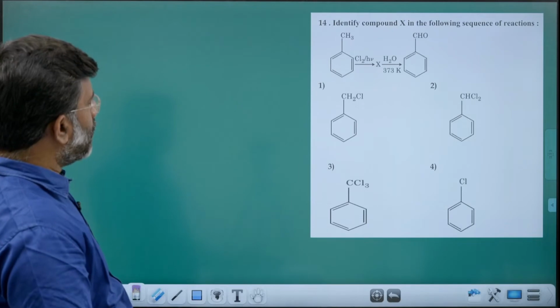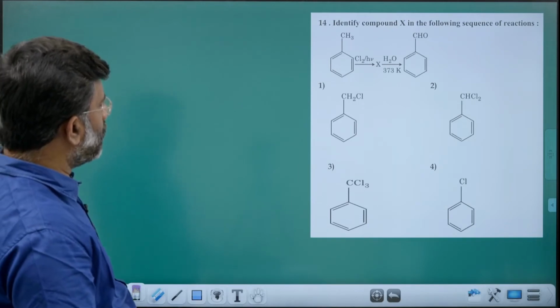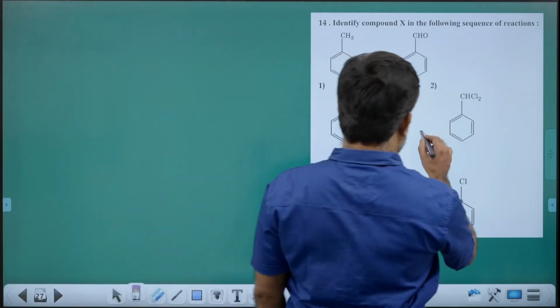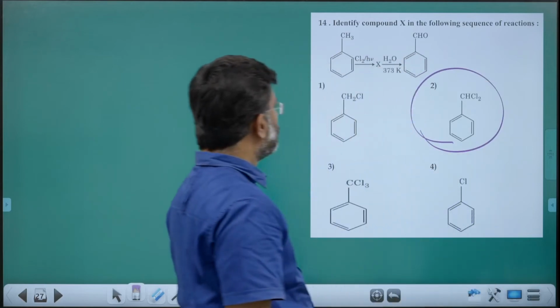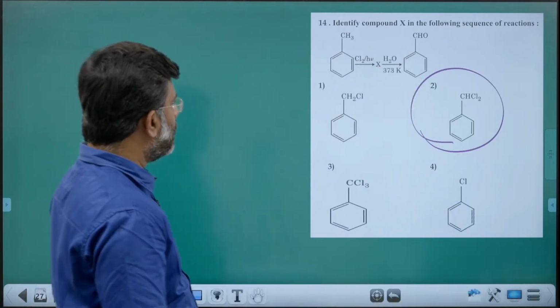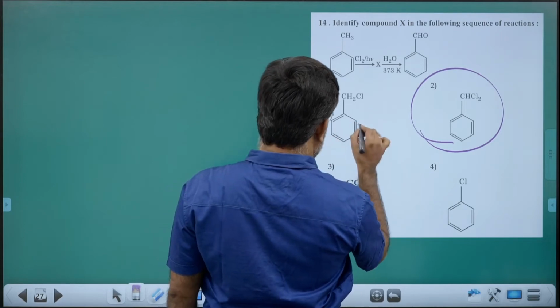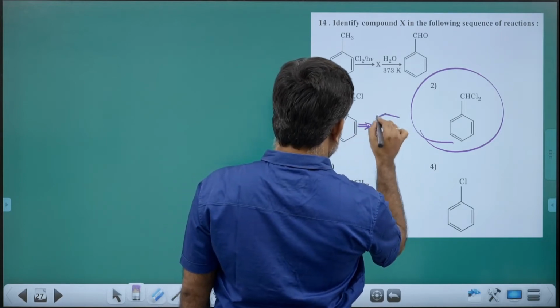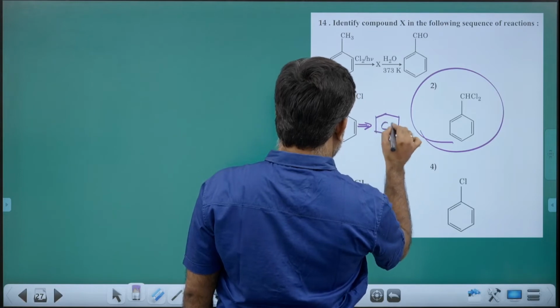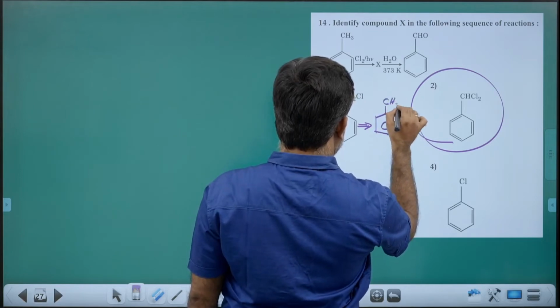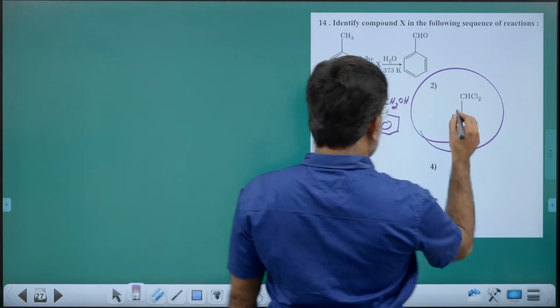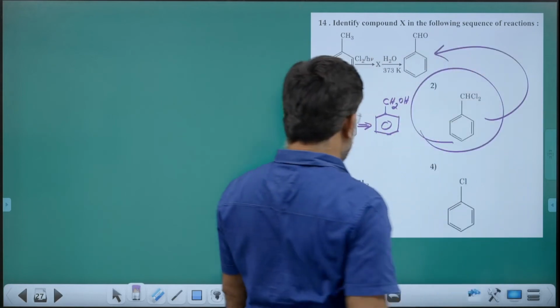Identify the compound X. Benzyl chloride, option 2. See, suppose X is this one, you will get benzyl alcohol. While here, this will give you benzaldehyde.